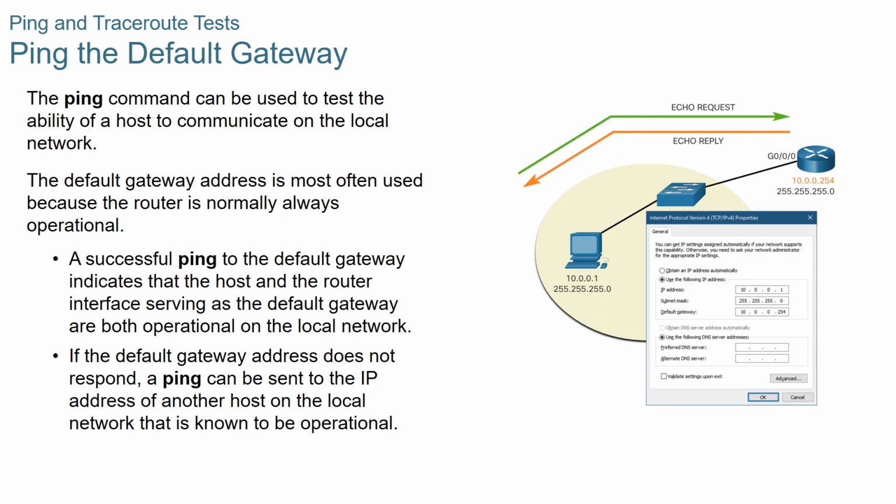So it's really important, again, that we test that our default gateway address is able to respond, and that we're able to connect out of our network segment. After pinging the local loopback, you should also ping the default gateway to ensure that you've got connectivity beyond your network segment.